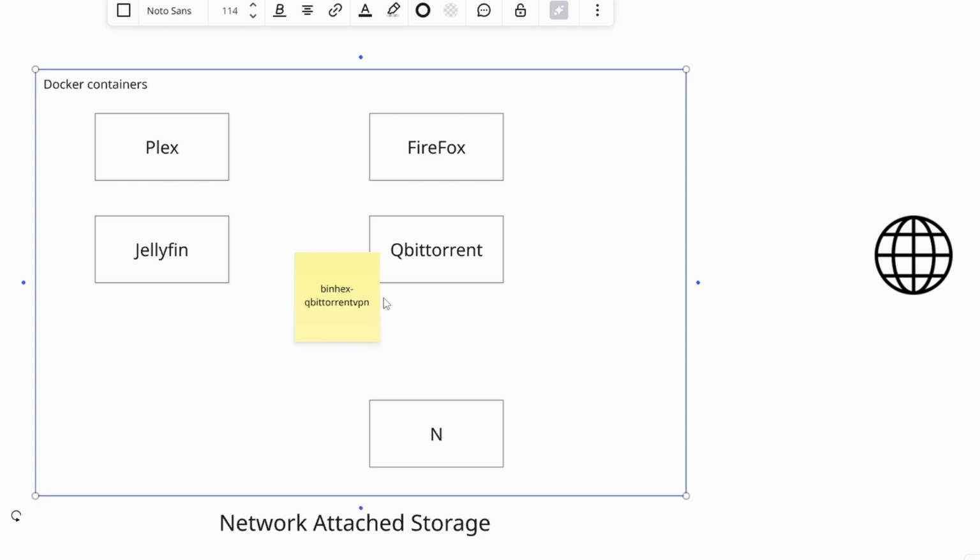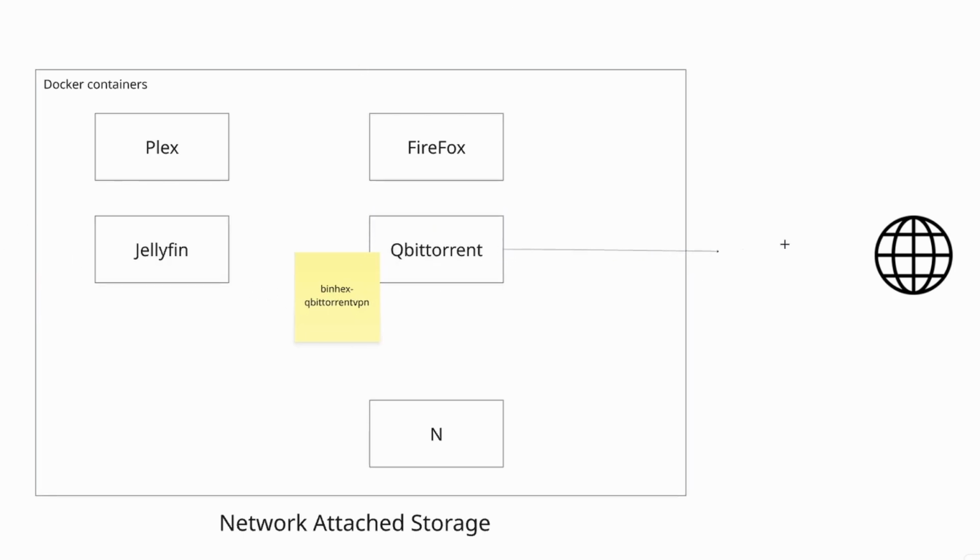These have an inbuilt VPN client, and for these we have to enter our VPN credentials that we get from CyberGhost or any other VPN provider, and then it acts as a client to connect to the internet via a VPN, and this works fine.